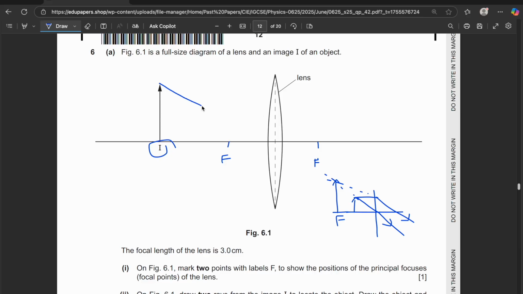So if we draw like this, then the object will be somewhere under here. And then there is one passing through the focus, and that will meet the center.